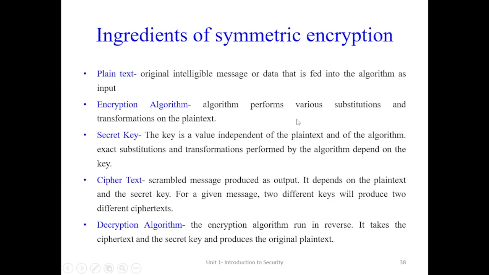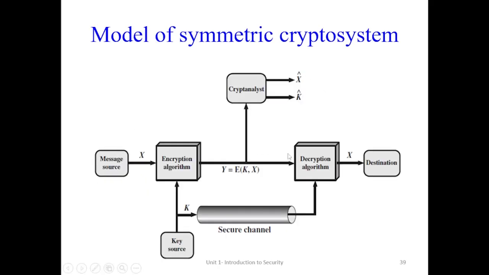Then what are the ingredients of a symmetric encryption? Plain text X, ciphertext Y, encryption algorithm, decryption algorithm and secret key. So these are the 5 main ingredients for designing a symmetric encryption model. And the model of a symmetric crypto system is also drawn like this. So encryption algorithm, key is used.